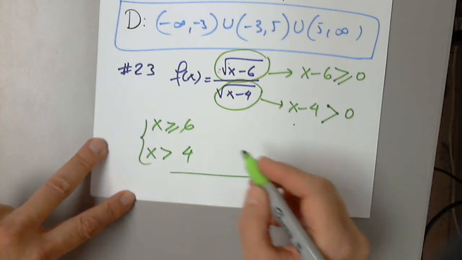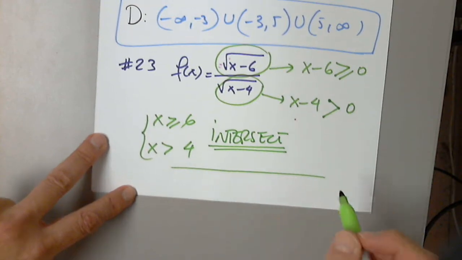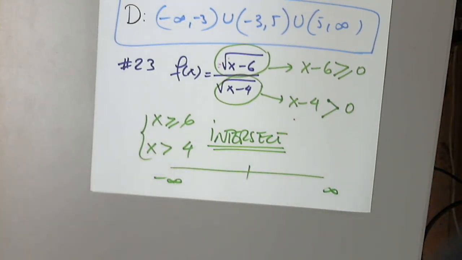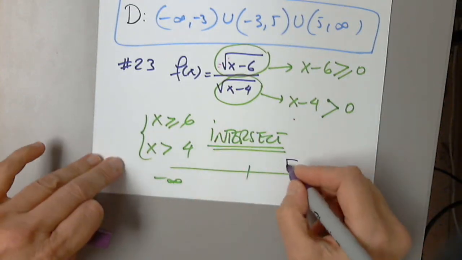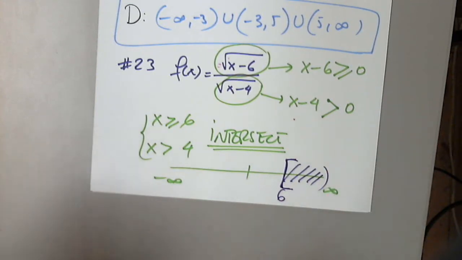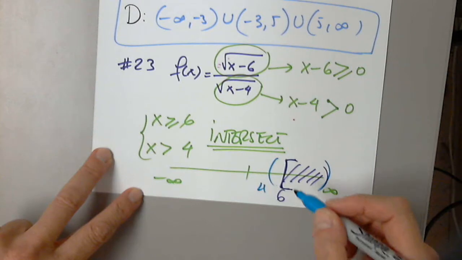And now I have to intersect the two domains. So you don't have to graph. I just want to graph it one time. So greater than or equal to 6, bracket, and this is 4 with a parenthesis. The graph is not an accurate graph. It just tells us what to write.